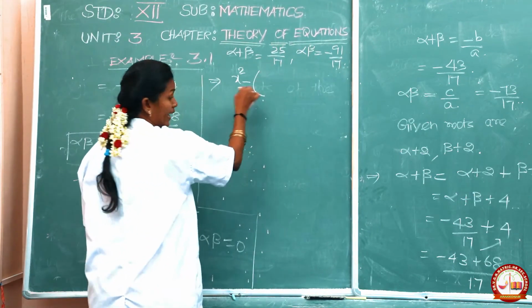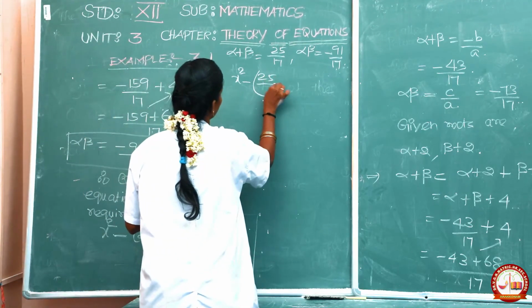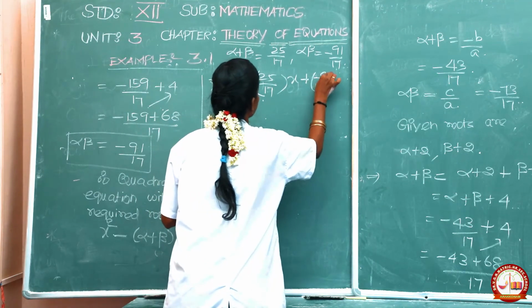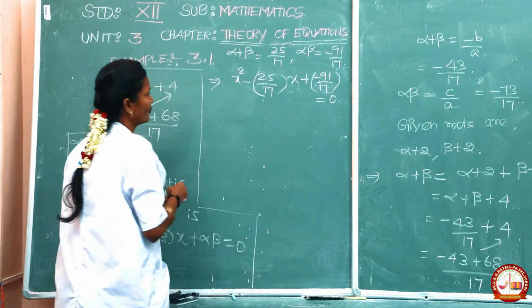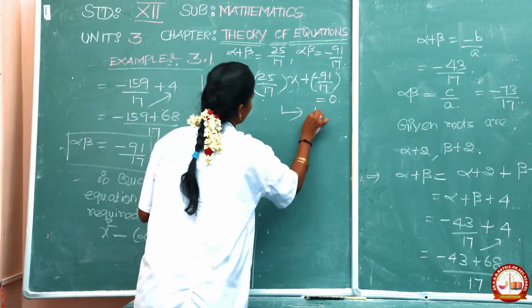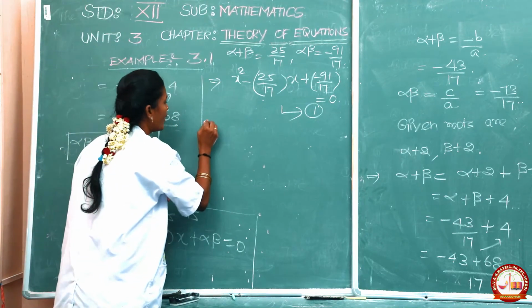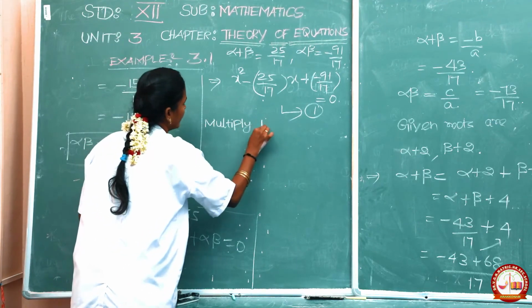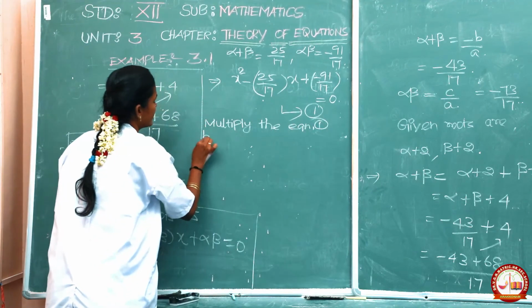So x square minus alpha plus beta, 25 by 17 into x plus minus 91 by 17 is equal to 0. This is considered as equation number 1. Multiply equation 1 by 17.